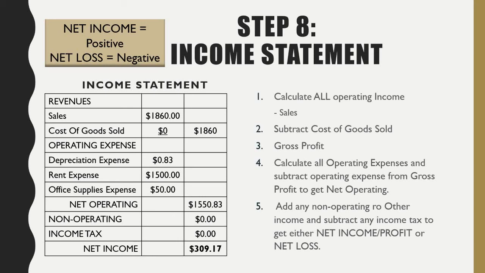A positive number means that we have a net profit or net income. A negative number is going to tell you that you had a loss, meaning the amounts that you sold, the generated revenue, the income, when you sold your items, did not cover all the costs it took you to operate your business. Now, I'm going to tell you this as a fair warning.